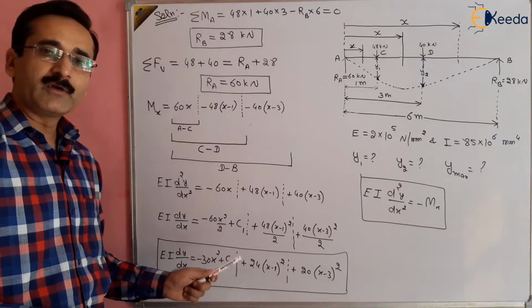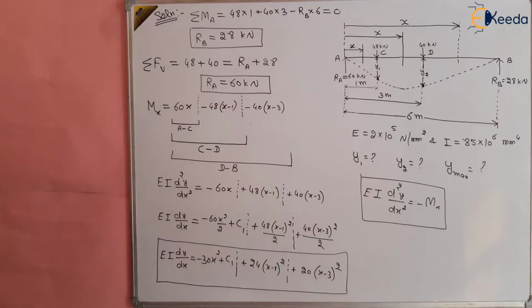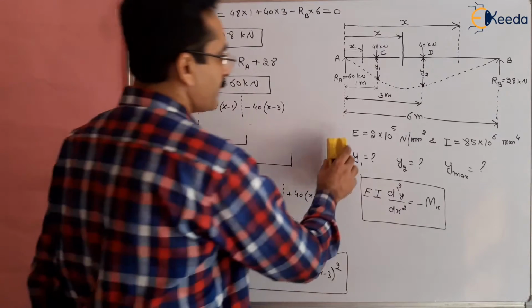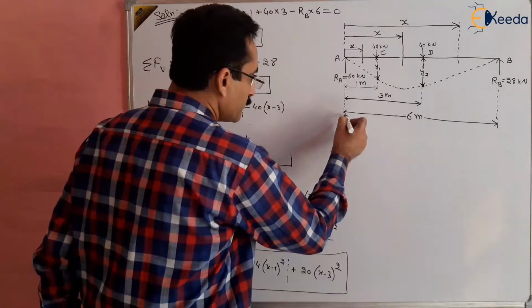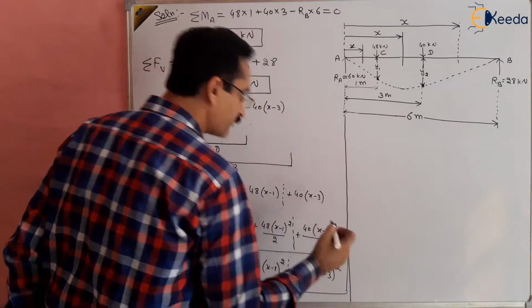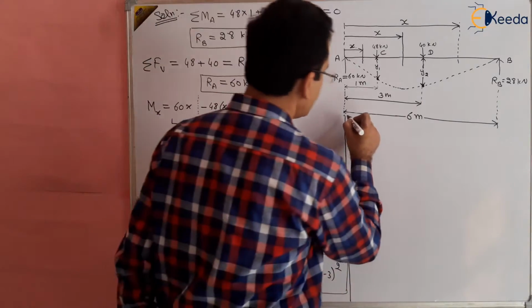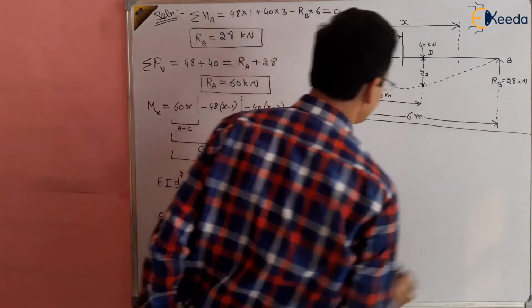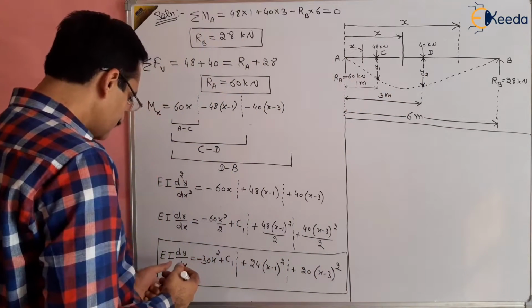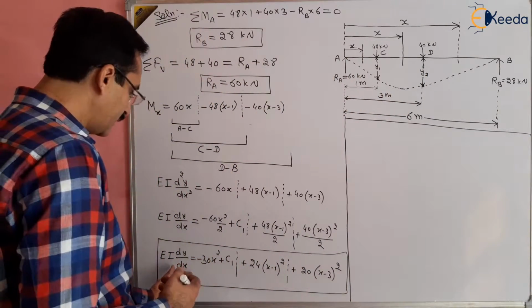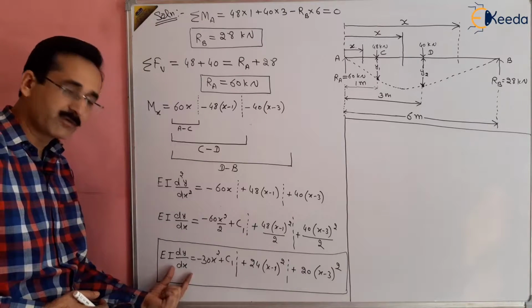Now integrating it, we will get the deflection. So integrate it to get the deflection, right? We can further integrate this equation. EI times the integration of dy by dx will be y.